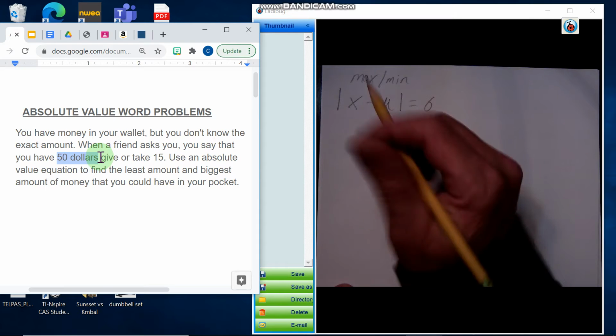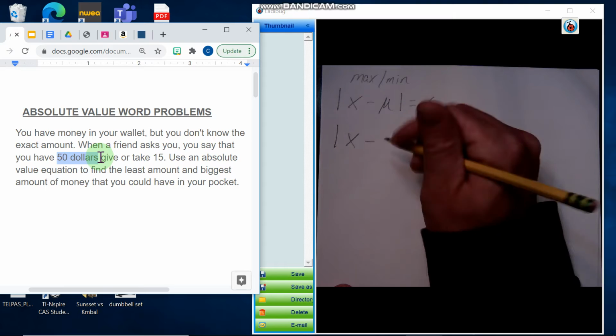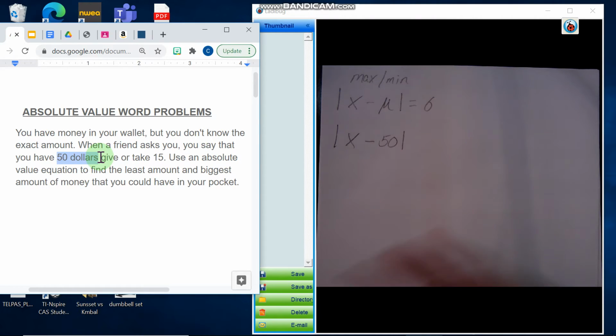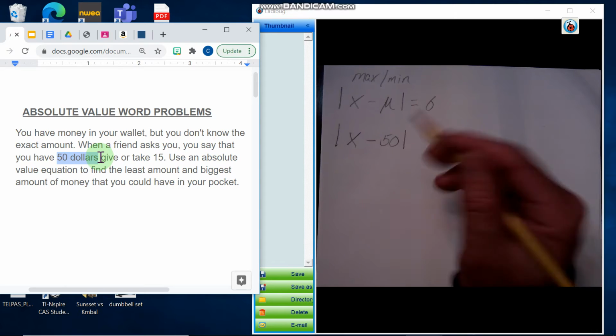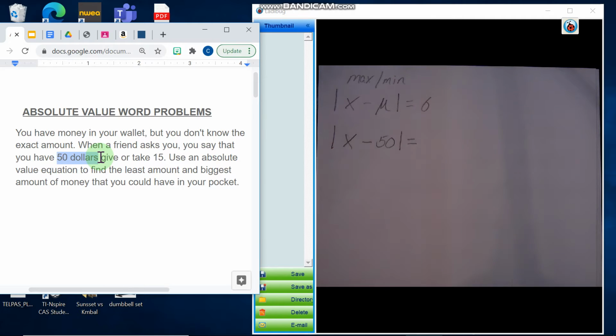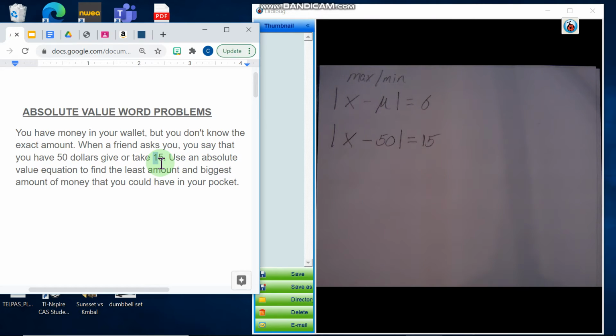It's your average, the amount that you go from. You go $15 up, you go $15 down. Fifty is right in the middle, and 15 is your give or take, your maximum and minimum deviation from the average. So easy as that: x minus 50 equals 15.